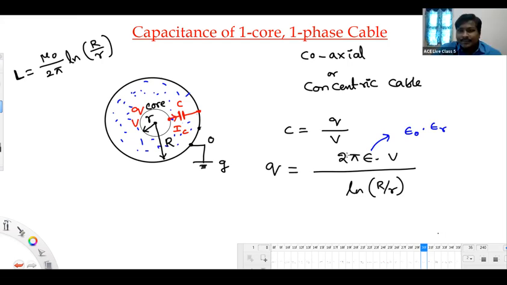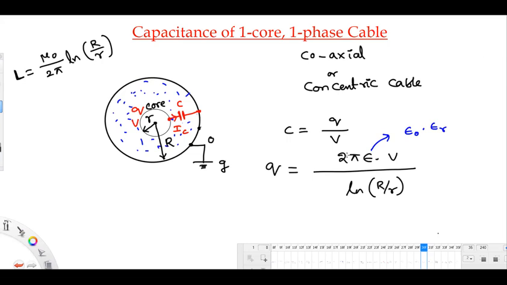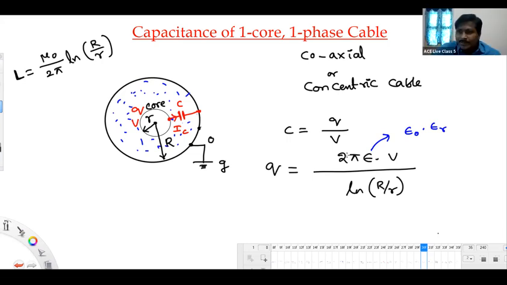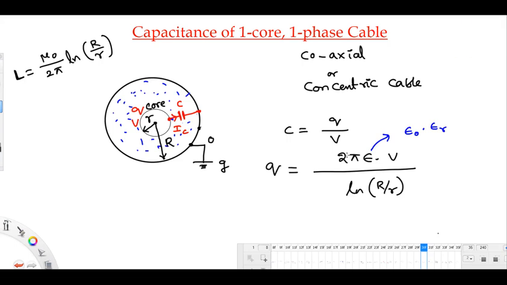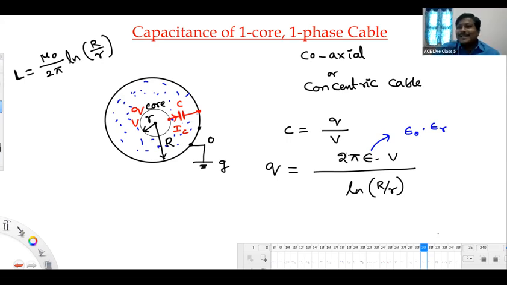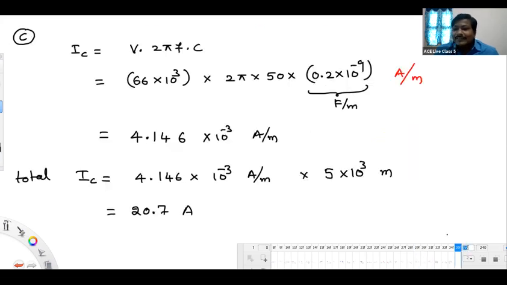What is that S you are calling? Apparent power, sir. Are you supplying apparent power or complex power? Complex power, sir. Complex power, you should sum them up. You should not sum up apparent powers.